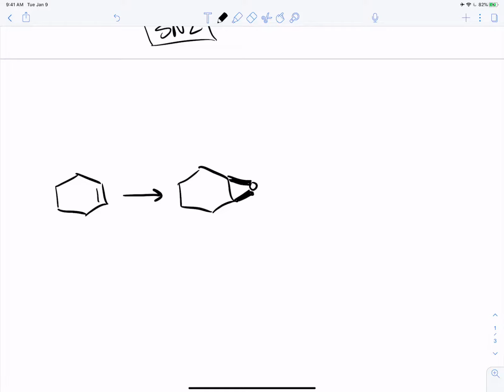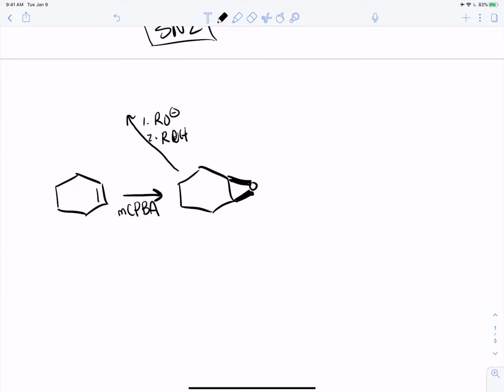And now I have this whole host of different chemistry I can do on this. For example, if I wanted to do this, I might use MCPBA, metachloroperbenzoic acid.